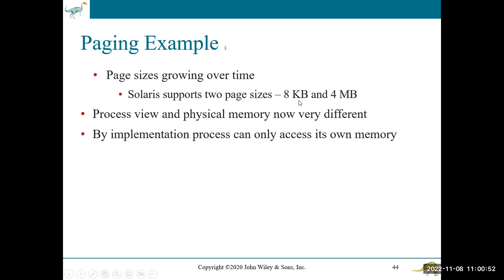Solaris supports 2 page sizes, 8 kilobyte and 4 megabyte. So, wow. A lot of OSs give you a range of size, but Solaris says 8K and 4 megabyte. And that's because most Solaris systems are very large. They're server class machines. You do have some workstations that run Solaris that are pretty powerful.